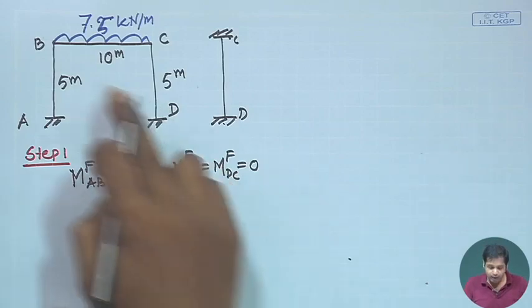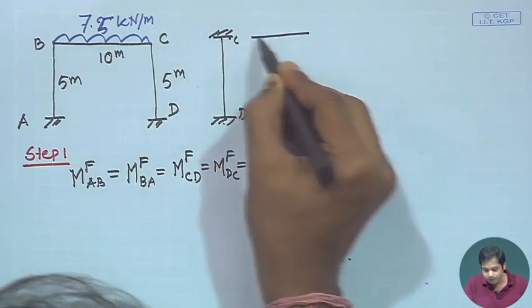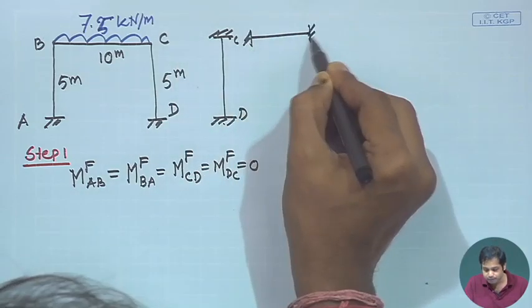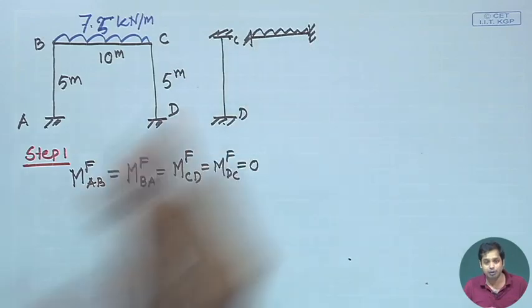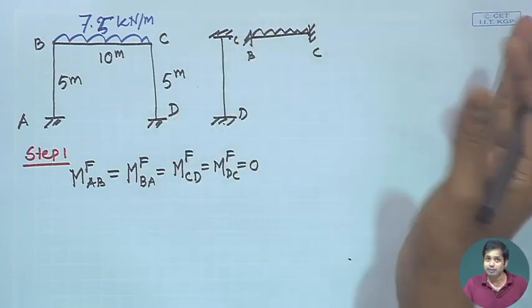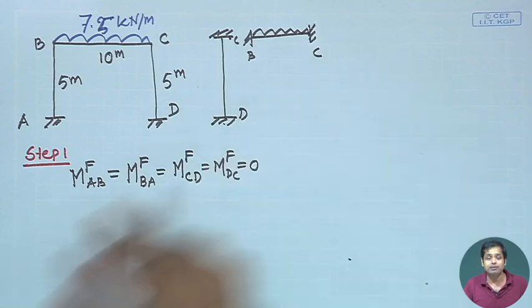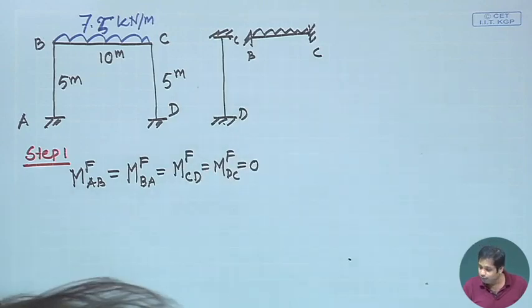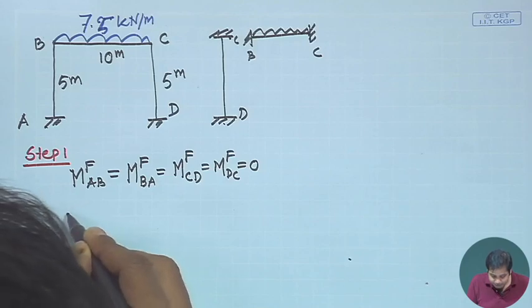Now, what is the primary structure for member BC? It becomes this, with a uniformly distributed load. This is B, this is C. What will be the fixed end moment? We have seen that if a fixed beam is subjected to uniformly distributed load, the fixed end moments are qL squared by 12.